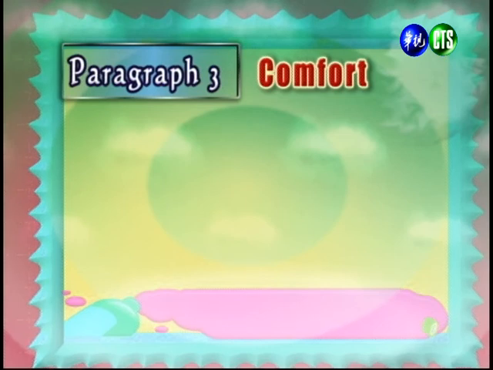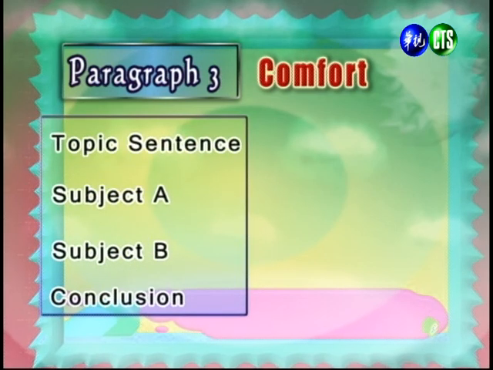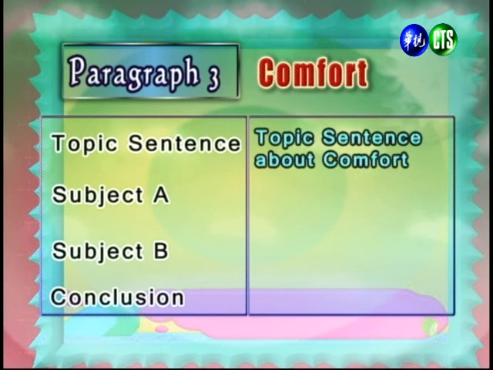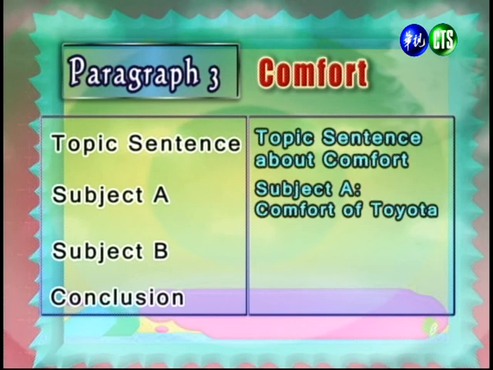好，在第三段之中呢，我们使用的方式跟第二段是一样的。So we can see that this paragraph is going to be about comfort, so we begin with the topic sentence that talks about comfort. 好，那在这个部分呢，我们知道我们要讨论的论点是关于舒适度，所以我们的主题句就会关于舒适度。And now we're going to have subject A, which is the comfort of the Toyota automobile.